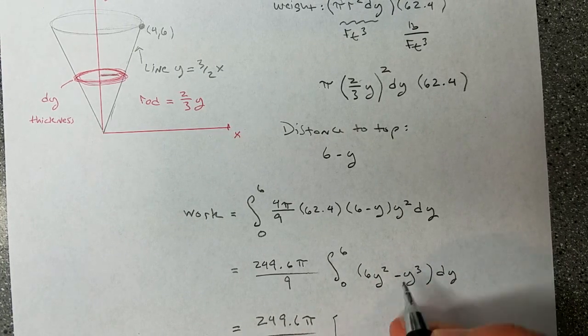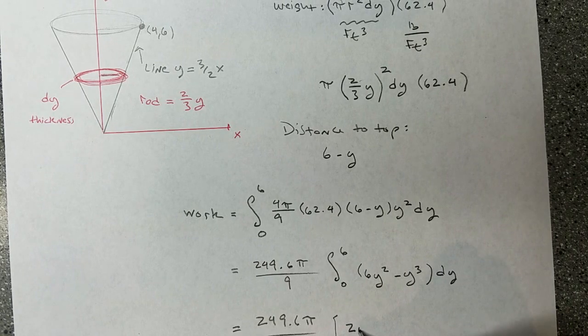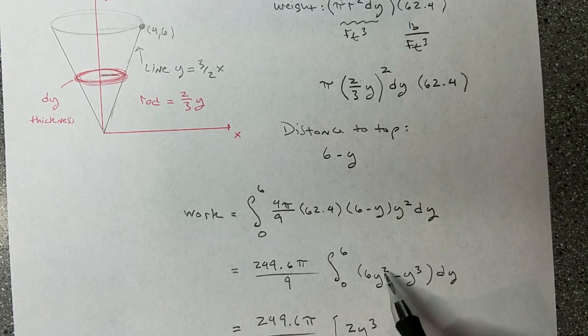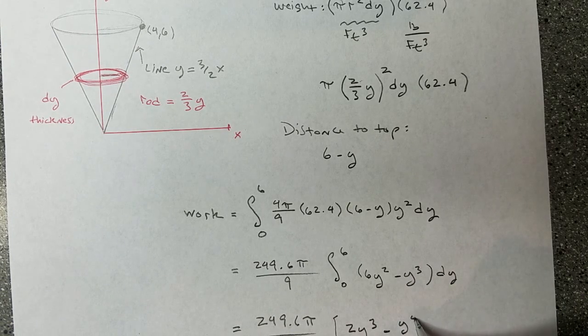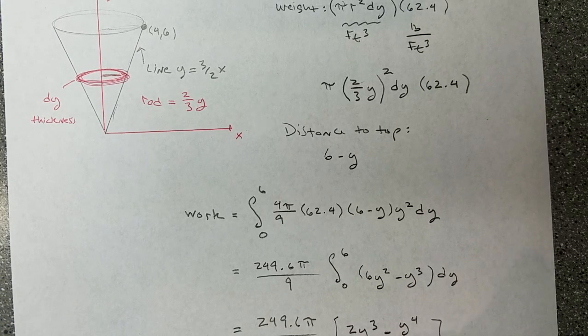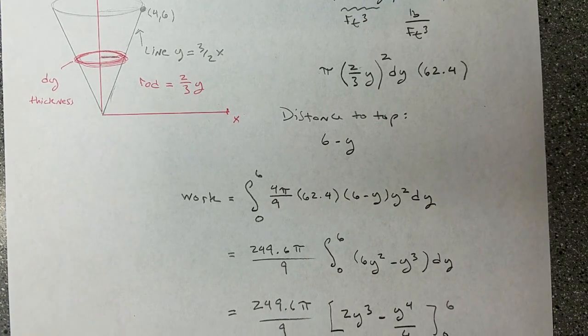I'll get 2y to the third, minus y to the 4th over 4, and then I'll go from 0 to 6. All right. So 0 is not going to give me anything. I just have to do 6.